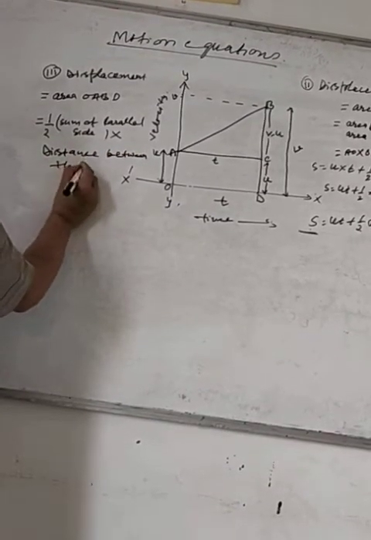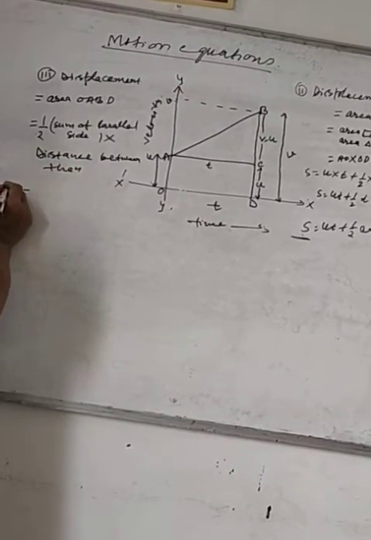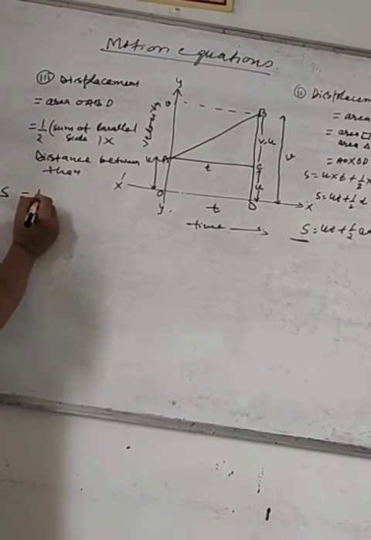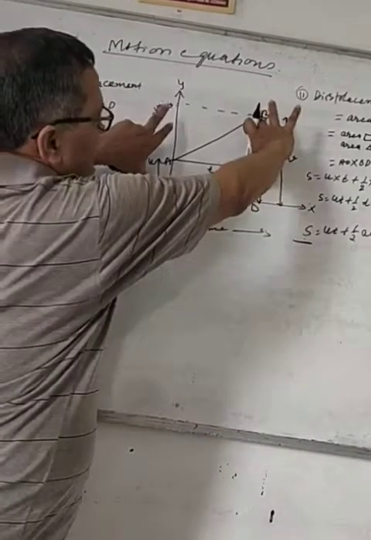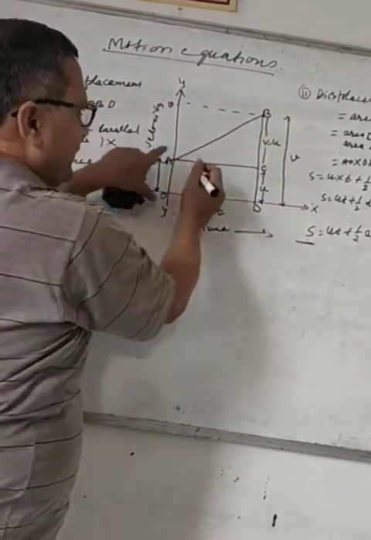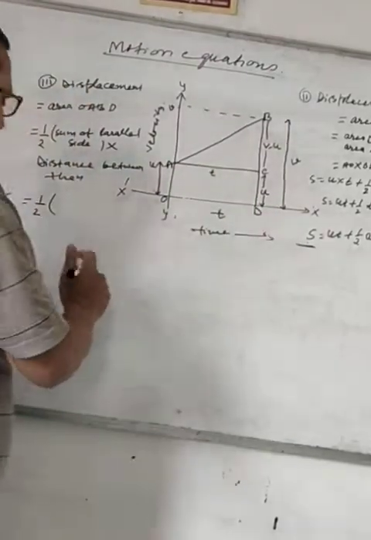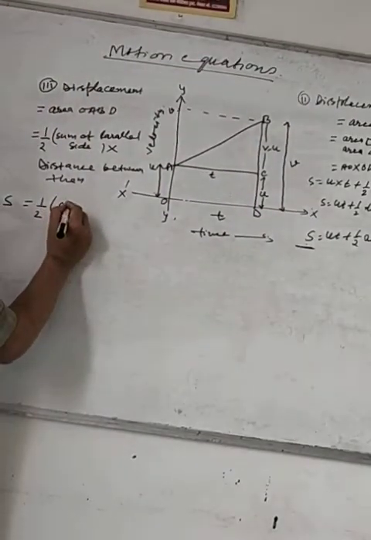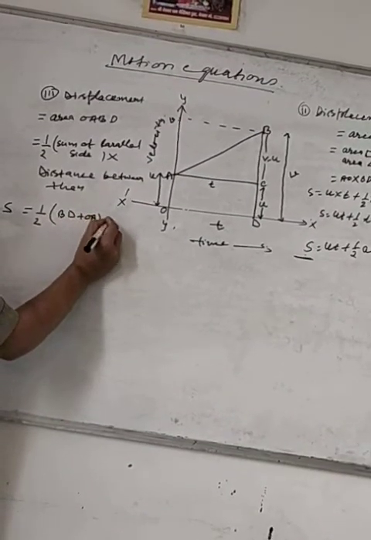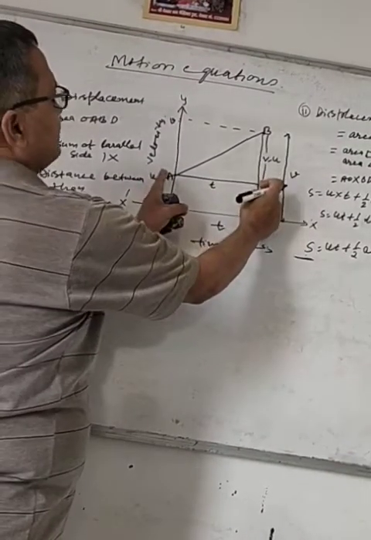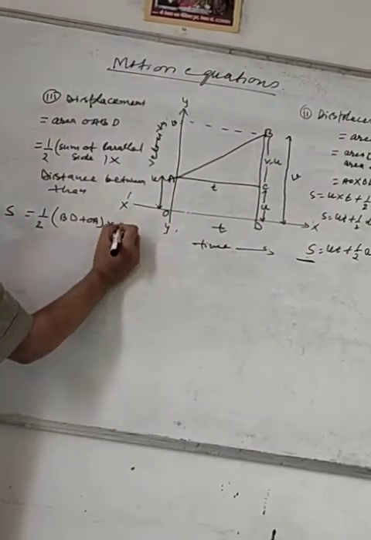them. So it is equal to S equal to 1/2. Here sum of the parallel sides, these sides OA and BD. So it is written as BD plus OA into distance, that is AC.